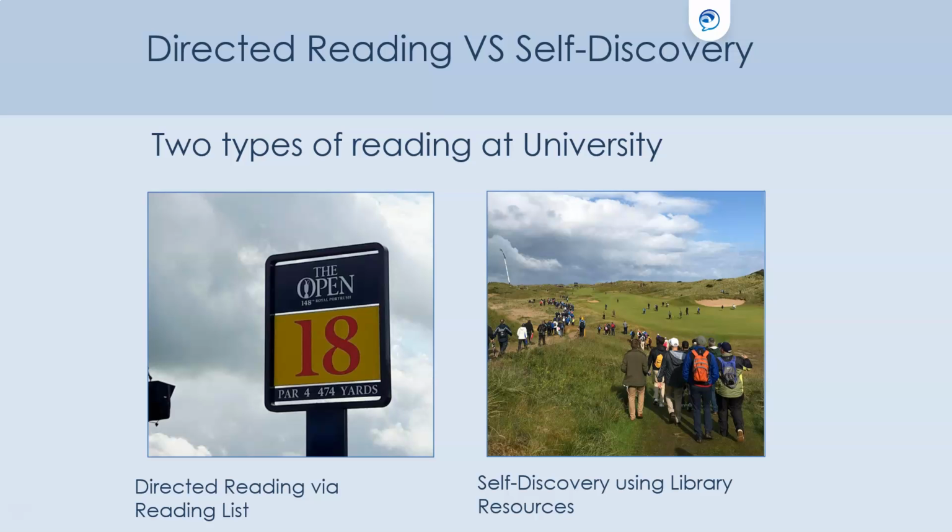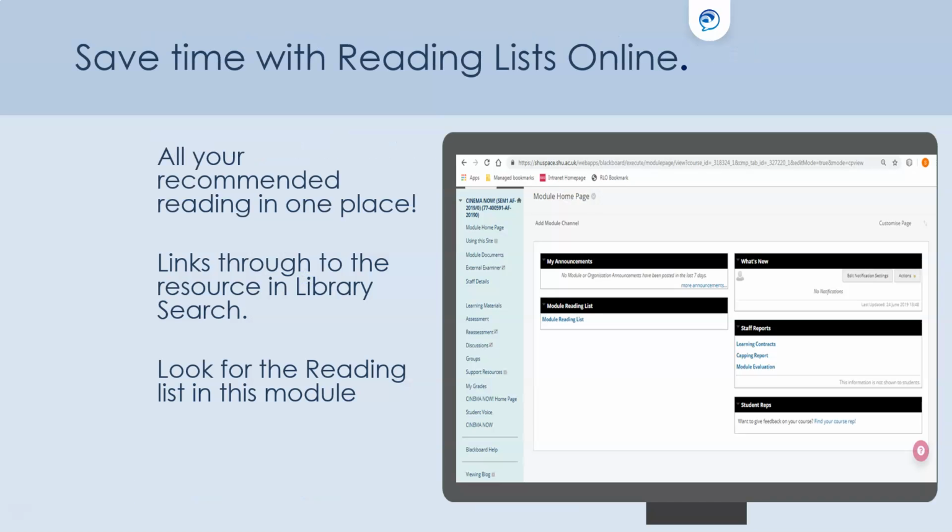Alongside this, we encourage you to increase your skills at self-discovery. By finding your own information, your own research, it is often easier to answer your assignments by giving examples and explaining what your thoughts are on a subject. The online reading lists are available in your modules on the home page and sometimes also in the support resources area.